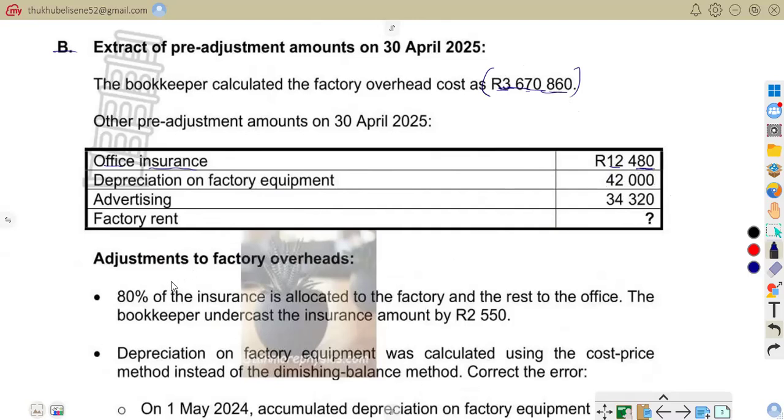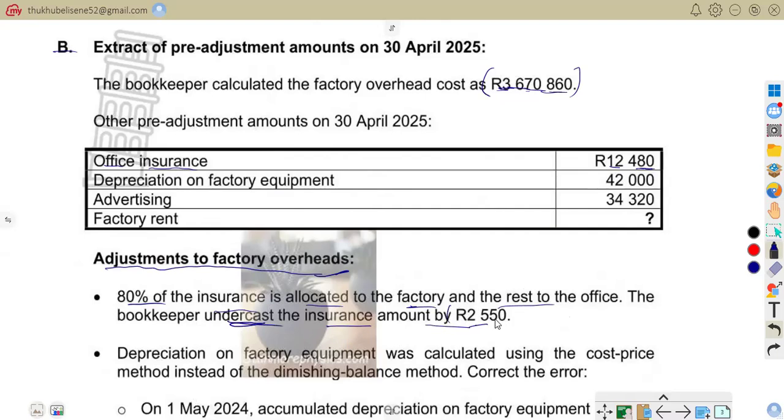And we are told that on the adjustment to factory overheads, 80% of the insurance is allocated to the factory and the rest to the office. And the bookkeeper undercast the insurance amount by 2,550. So what is the actual insurance?